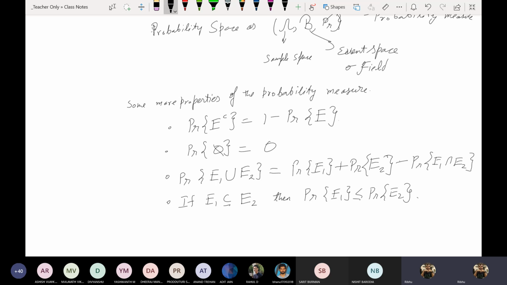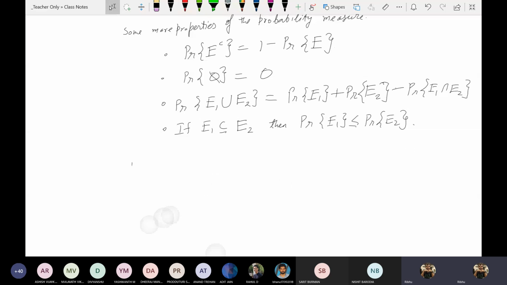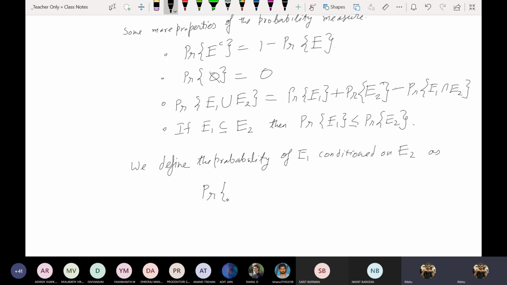So now define the probability of event E1 conditioned on E2 as... oh sorry, not this.